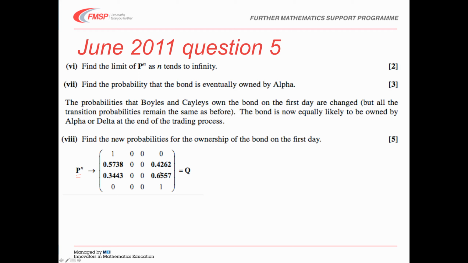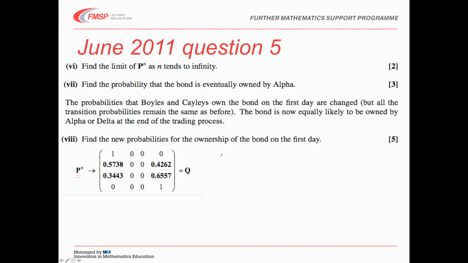Find the probability that the bond is eventually owned by alpha. Now, that's not clear initially, but we can remember that we know the probabilities that it starts with B or C, what they call Boyle's or Cayley. Okay, so that's the long run probability if we don't know who it starts with, but we do know the probabilities where it starts.